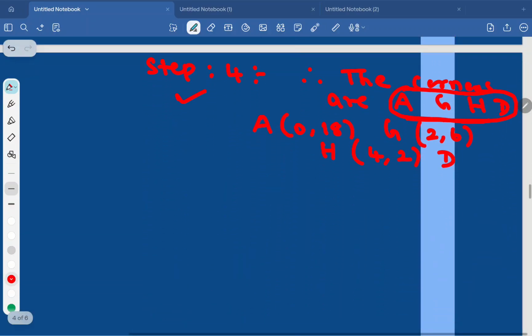Step 4. The corners are A, G, H, D. How am I choosing the points A, G, H, D? These four points are nearest to the shaded region, nearest to the feasible region.